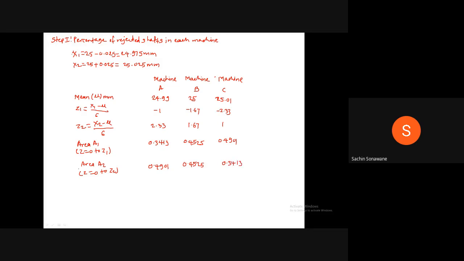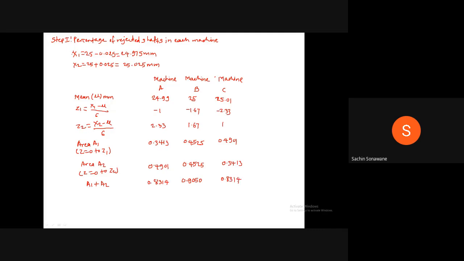Now we have to find out A1 plus A2. Therefore write down here A1 plus A2 is equal to, now addition, 0.8314, 0.9050, 0.8314.